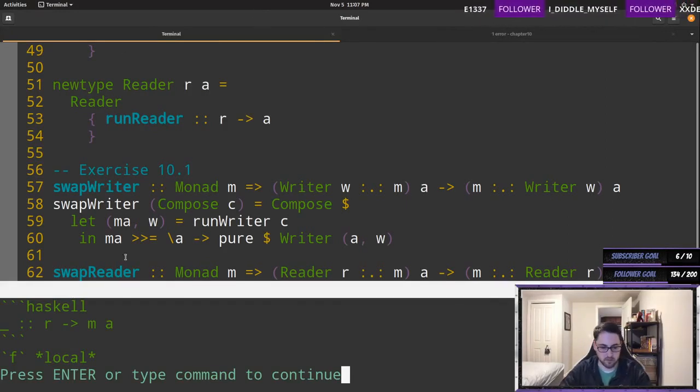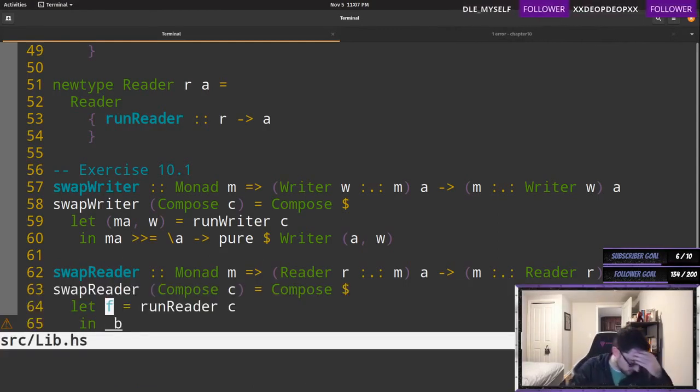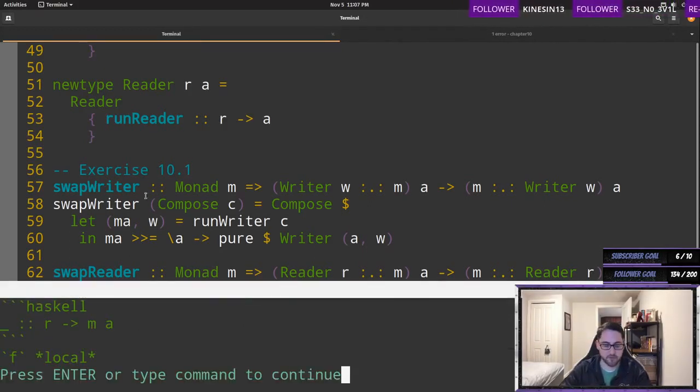There's no way to get this A. I need that A. So yeah, that gets me F, right? If I run reader, I get this function. I need this function. I need to unwrap what comes out.